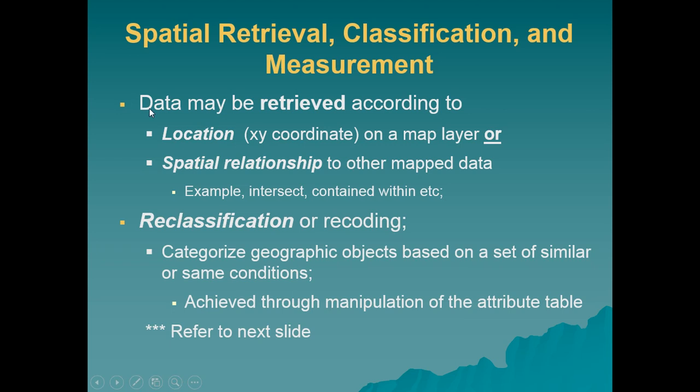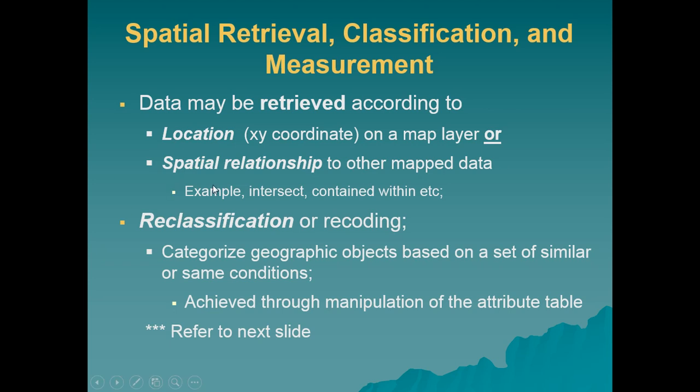So a part of spatial analysis may be data retrieval, meaning I want to retrieve a small subset of information from my GIS data layers, either on your map data or your attribute data. For example, based on location, so I'd be looking at the XY coordinates on the map, or I might be looking at retrieving a subset of information as defined by the type of spatial relationship they present on the map.